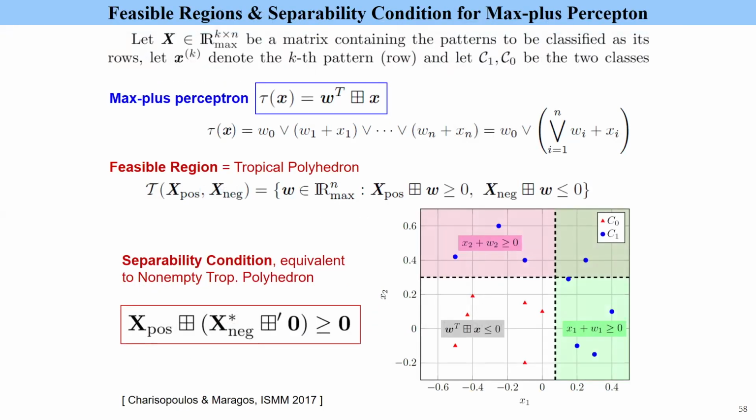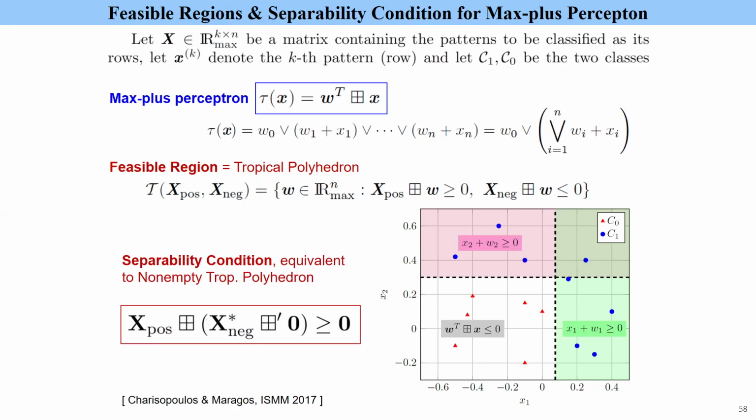Well, one result that we have shown is the following: if we have a pattern classification problem where all the pattern vectors X form a matrix, a capital X, and this capital X matrix can be divided into the positive and the negative patterns, which correspond to the two classes, the C1 class being the positive class and C0 consisting of the negative vectors.